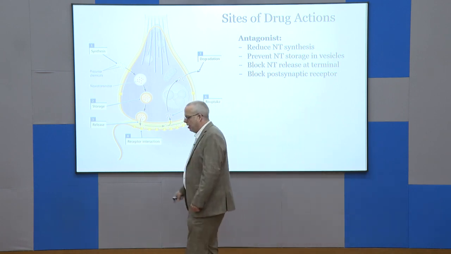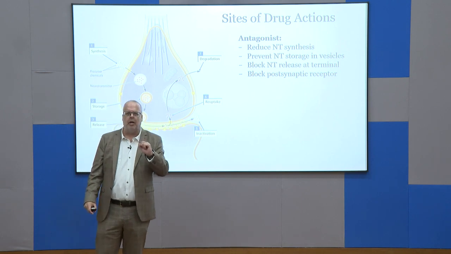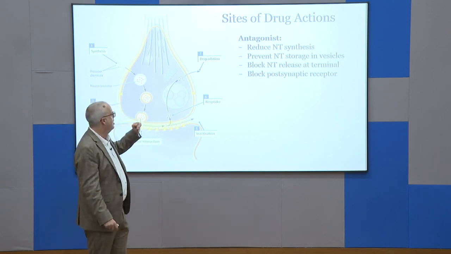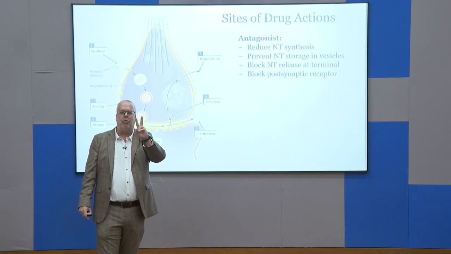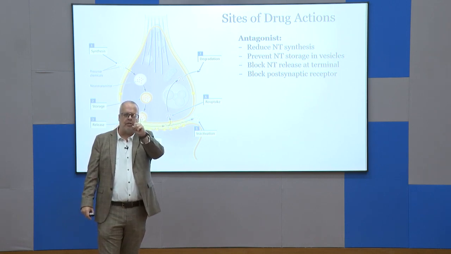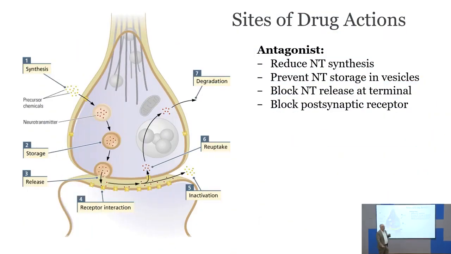So how do drugs work? Well, I'm going to go through this a little bit quickly. We can certainly come back and talk about it in a later lecture as we need more detail. But remember, drugs can have two effects. They can be antagonistic or act as an agonist. Antagonistic means you inhibit the action of the neurotransmitter. We can do this by reducing the synthesis, the production, the generation of the neurotransmitter. We can prevent its storage within those vesicles.